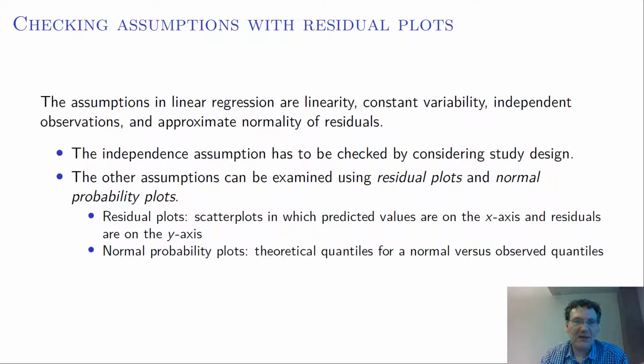For linearity, constant variability, and approximate normality, you can use the residual plot, and you can do a QQ plot for the residuals, as we've done before. You can see if the residuals fall along the diagonal on a QQ plot. You could also just look at a histogram of residuals to see if it follows a somewhat normal distribution as well.